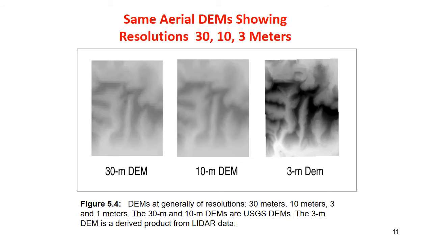Now if we go exactly to the extreme right, this is a 3 meter by 3 meter digital elevation model. Now here you can look very clearly at the deep valleys or deep streams, or maybe the black areas, the high hills, top of the hills, or maybe it is deep down.